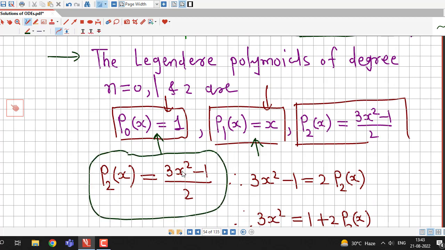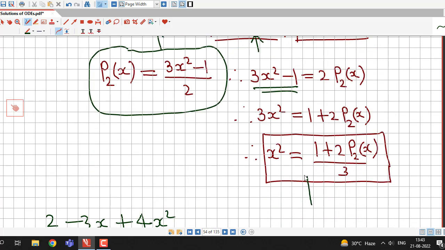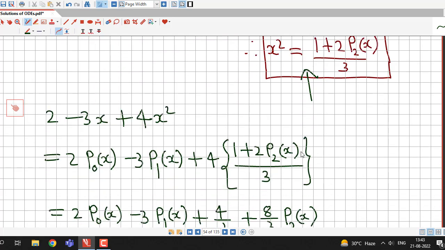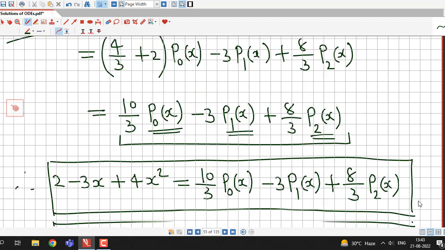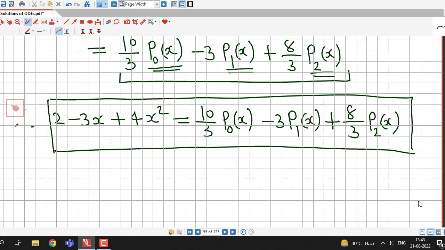From this formula we find the expression for x square in terms of the Legendre polynomial, and then we substitute all these values here, and at one place we encounter a constant term that we replace by 4 by 3 into 1, and 1 we replace by 4 by 3 into P0(x). So it is easy to express a given polynomial in terms of Legendre polynomials in this way.